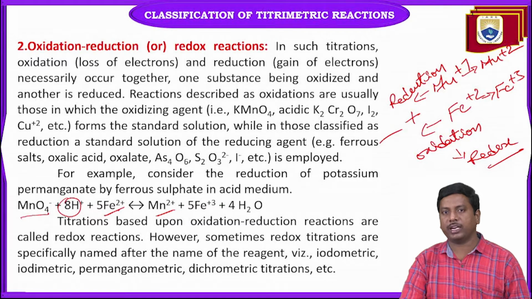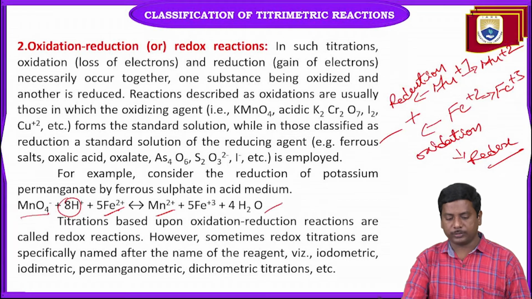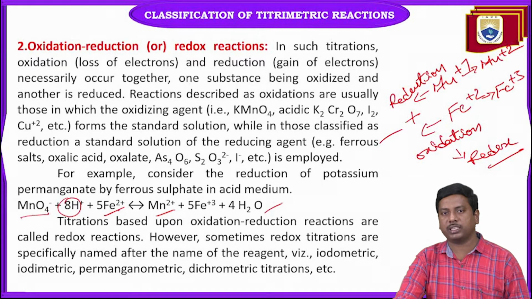Hence, it is proved by taking the example. Manganese ions converted to manganese plus 2 ions is called reduction, and iron 2 ions converted into iron 3 ions is called oxidation. And finally it gives 4 moles of water. So the entire reaction takes place in the presence of acidic media.